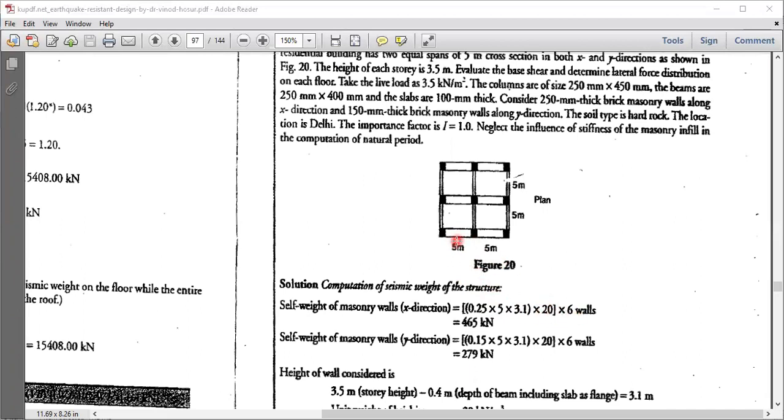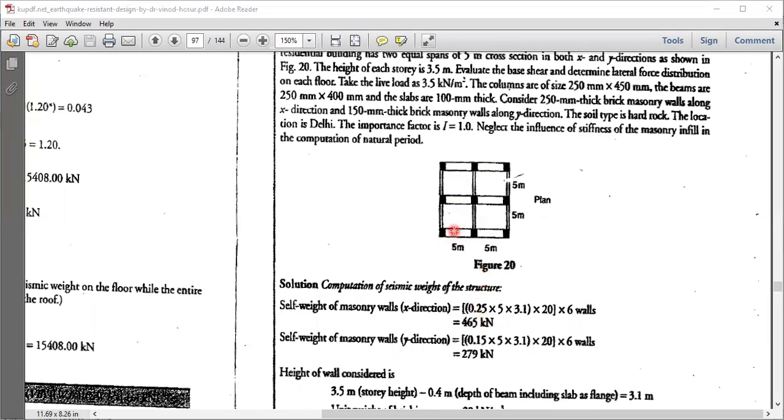Such how many walls? 1, 2, 3, 4, 5, 6. Such 6 walls are there. So I'm calculating the self weight of the masonry wall, wherein I'm trying to get it in terms of the length, breadth, and height, and then I'll multiply it with the density and its number of walls.